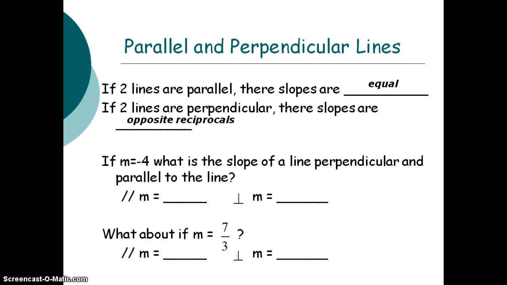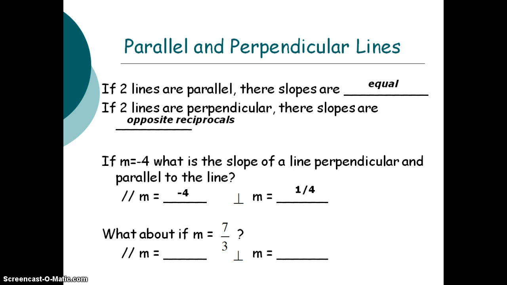So a line parallel to a slope of negative 4 would have a slope of negative 4. A line perpendicular would have an opposite reciprocal, and that would be a positive 1/4. You flip it, so it would be negative 1/4, then you change the sign to get positive 1/4.